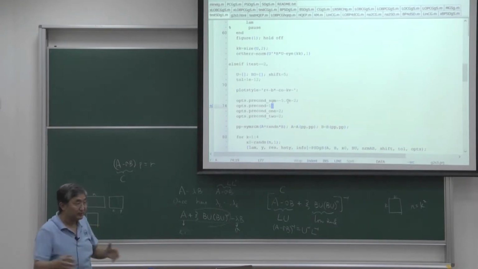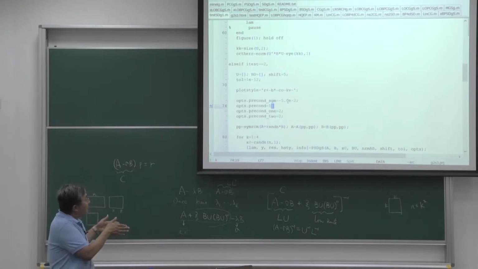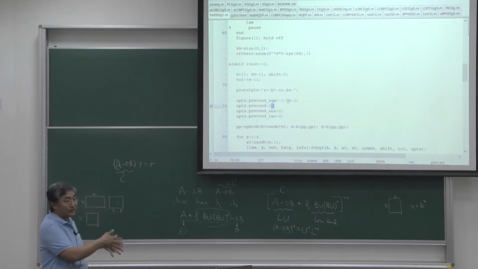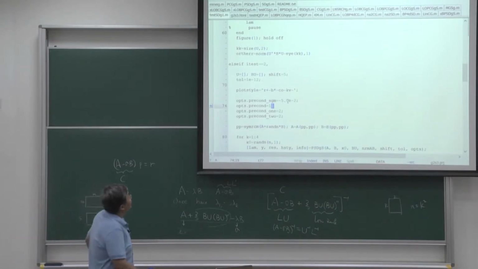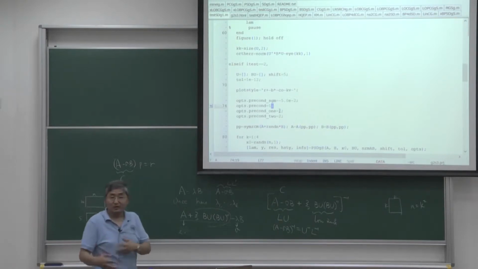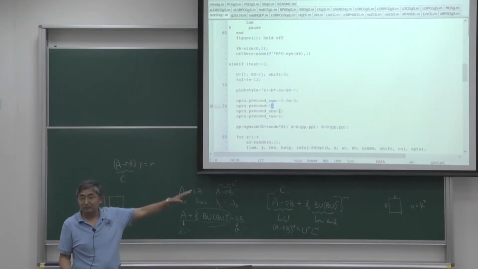So move the first few eigenvalues to be larger than the eigenvalue that I will compute. And then for the preconditioner, the first type of preconditioner I'm going to use, I use option 2, which means use a conjugate gradient. And you see it runs pretty well.